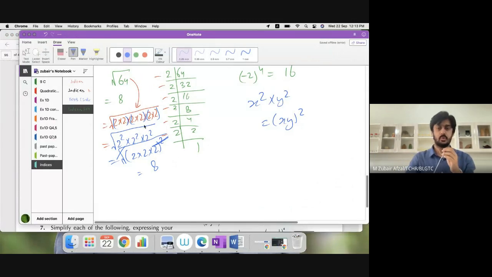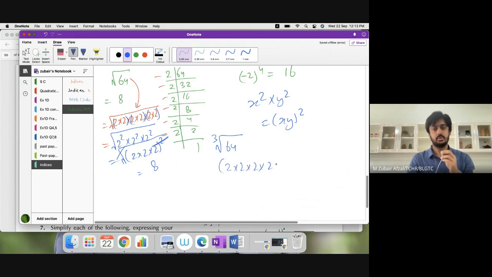Under root 64. If they ask you for cube root 64, that would mean that you have to make pairs of 3 now. So 64 is actually 6 times 2. So making pair of 3, we get this. It is 2 cube into 2 cube.